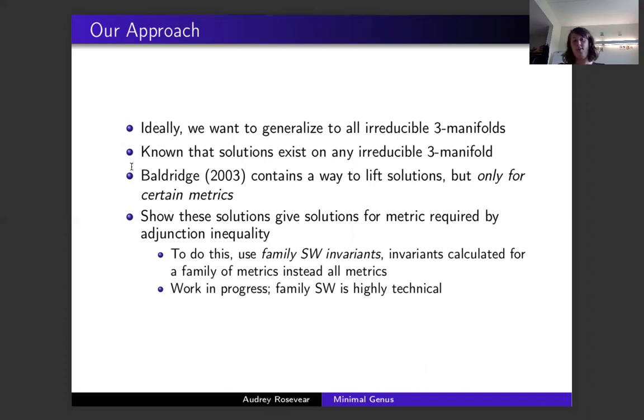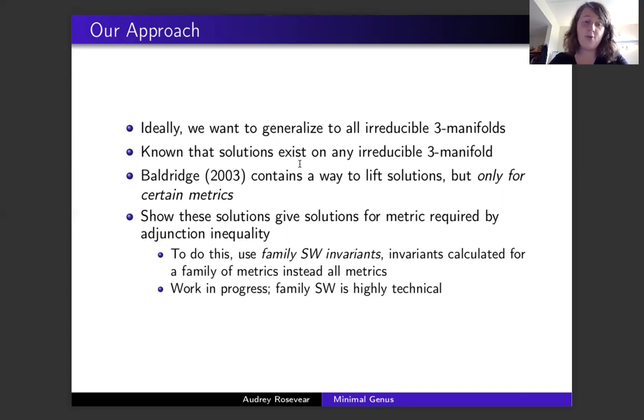Baldridge, the paper mentioned earlier, proves that you can lift the Seiberg-Witten invariants by lifting the solutions themselves. However, this only works for certain metrics. For certain metrics on your four-dimensional manifold, you can lift your solutions from three dimensions to four dimensions. Now, that is very nice, but it doesn't give us solutions for the metric required by the adjunction inequality.